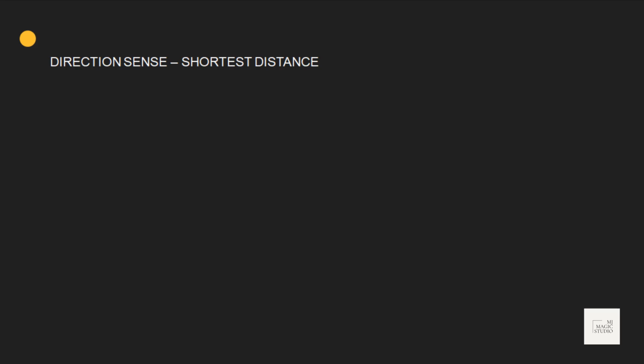Okay, so we need to talk about this also, shortest distance or the total displacement. What do you mean by these two words basically? Suppose we have an initial position and we have a final position. The straight line joining the initial position and the final position would be the shortest distance between these 2 points.